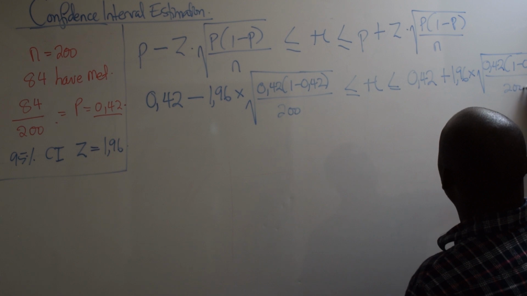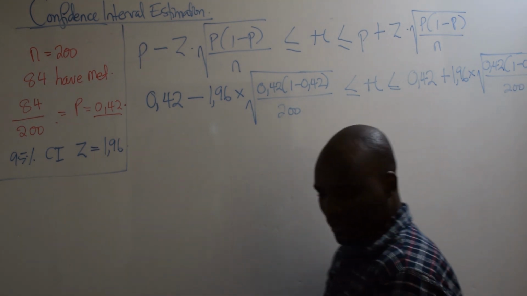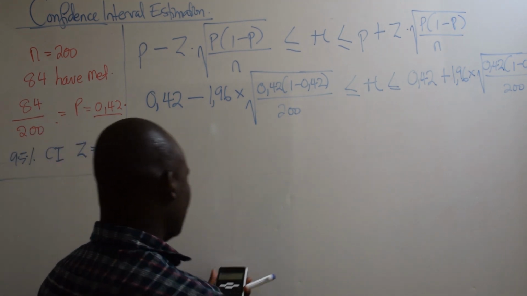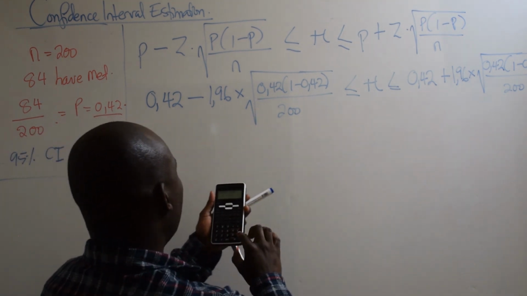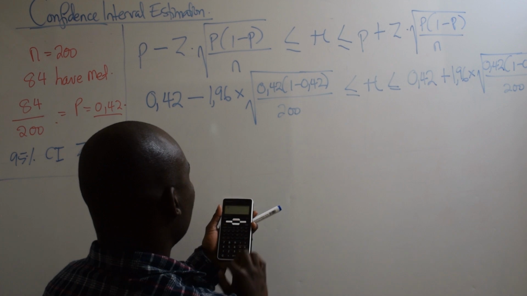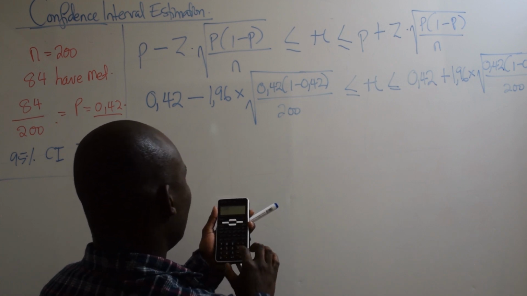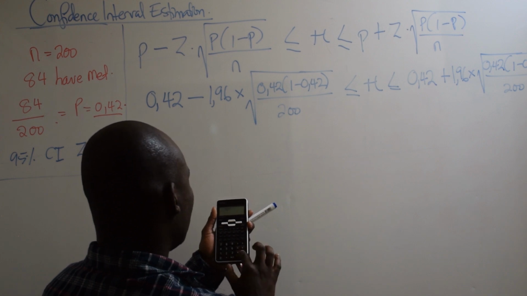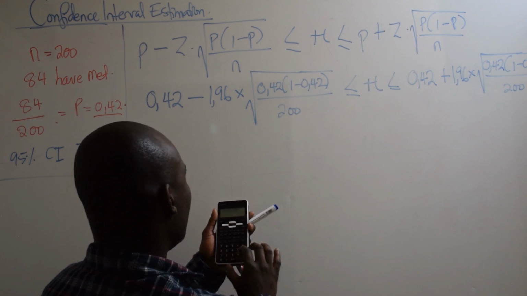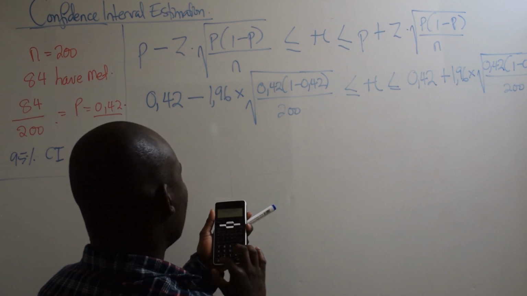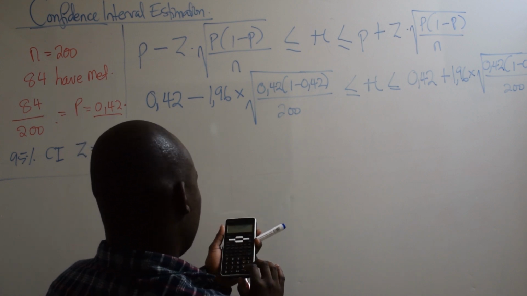So now let's punch this into our calculator. I would first say the square root and put a bracket there, and then you can put your fraction there, 0.42 in brackets, 1 minus 0.42, and then you divide this by 200.